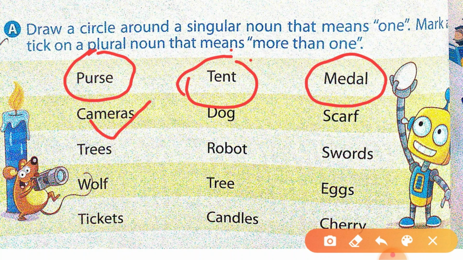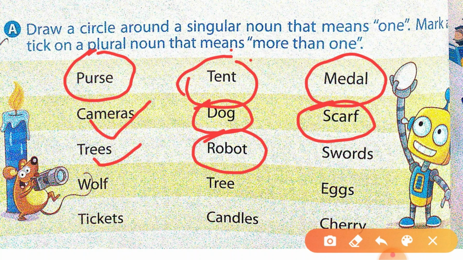Dog. It's a singular noun. Scarf is singular. Trees. Many trees means many trees. So it's a plural. Robot. Singular noun. Swords. Plural noun. Why it is plural? Because S is added after the noun. Wolf. It's a singular noun.